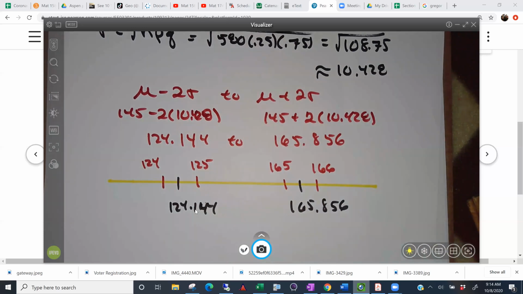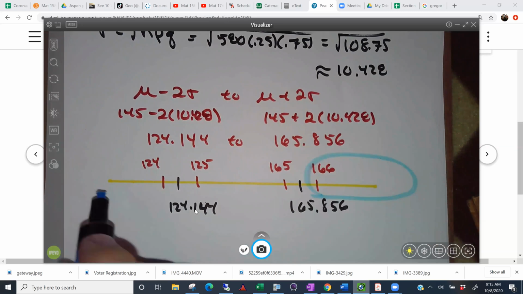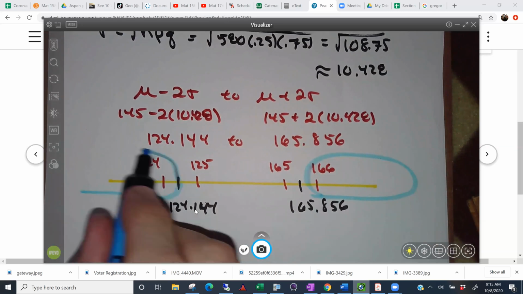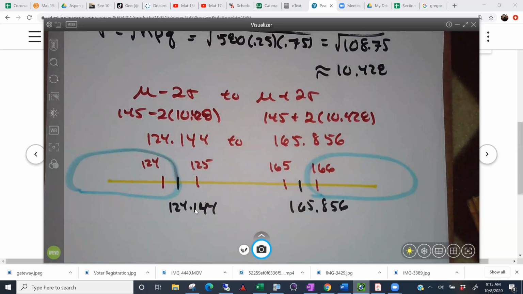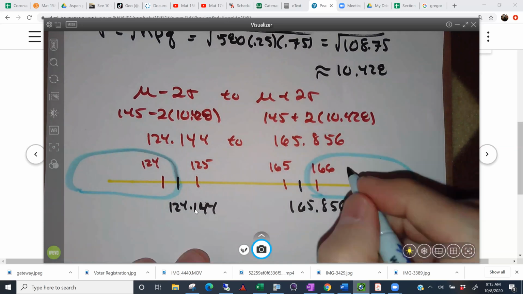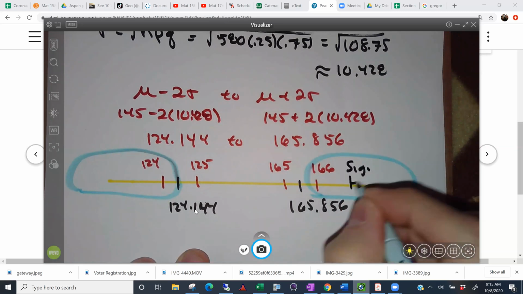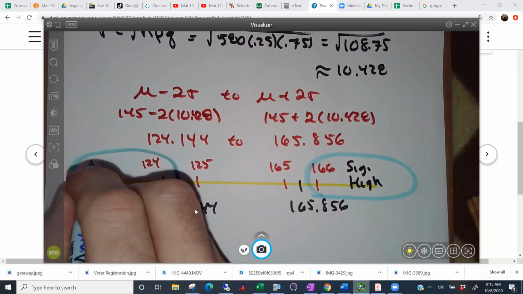Now, the thing to be careful of is what's where. Is 166 a typical result or is that significantly high? Significantly high. Yes. And likewise, this is significantly low. So let's label those appropriately: significantly high and significantly low.